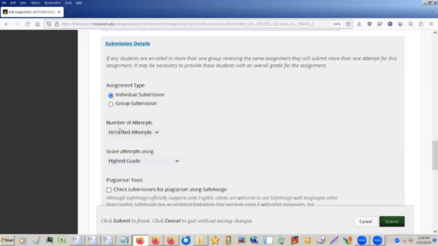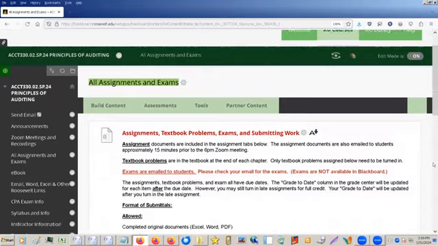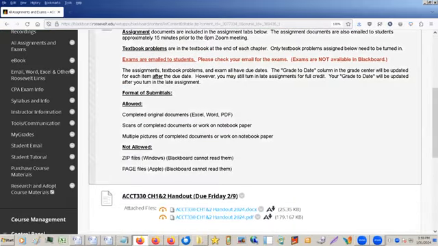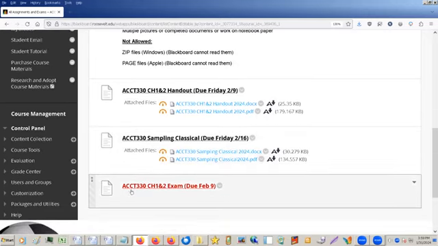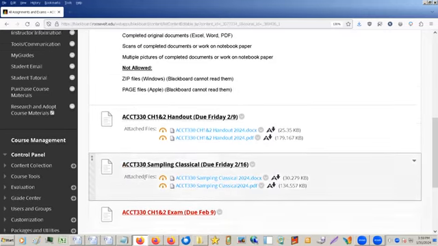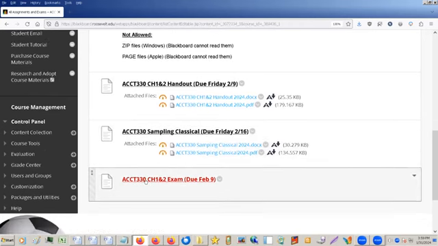These are all unlimited attempts. I know that it's more convenient to put it in zip and pages files, but Blackboard doesn't like it. Okay, so this will be the exam.